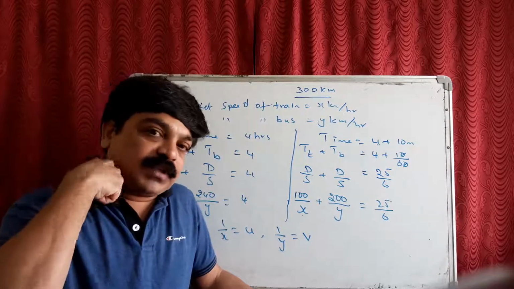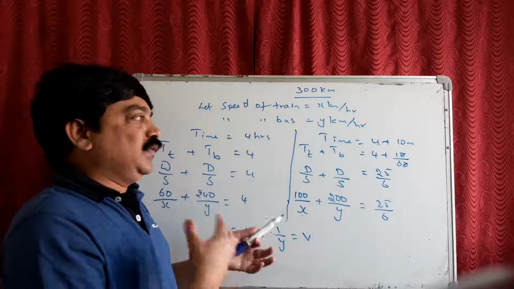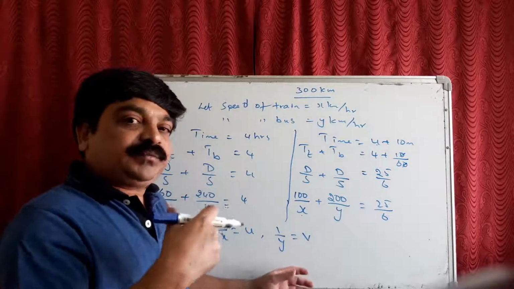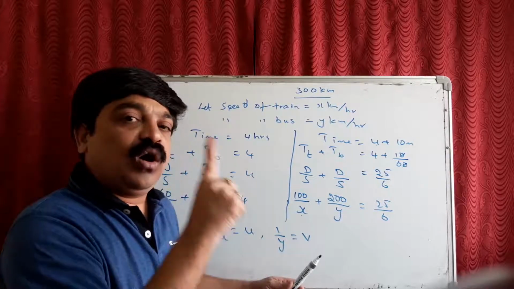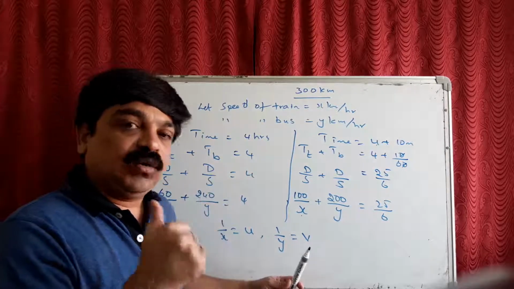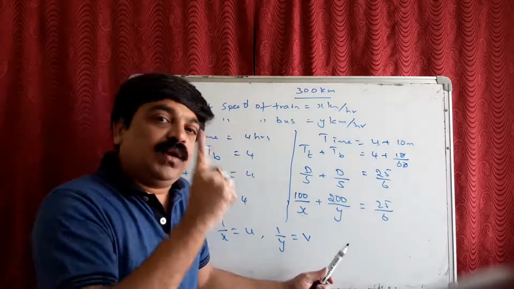When problems which involve work done appear in a question, you are supposed to take it for 1 day, always, or 1 hour, something like that. And the right hand side should also be converted for 1 day or 1 hour.